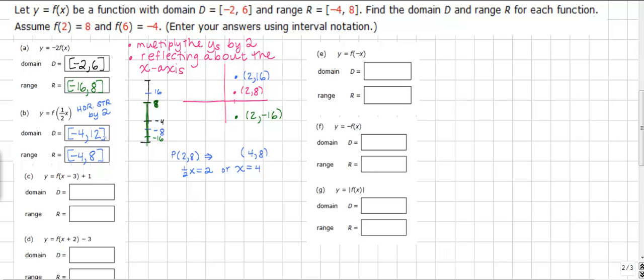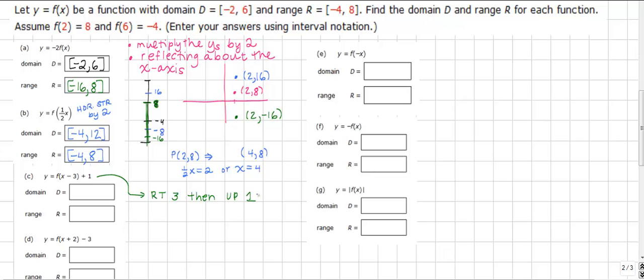Okay? Alright, next up is y equals f of x minus 3, followed by plus 1. In this scenario, working inside the parentheses, x is replaced with x minus 3. That moves the graph right 3 units. And then you add 1 to all the y's, so you'll move the graph up 1 unit.